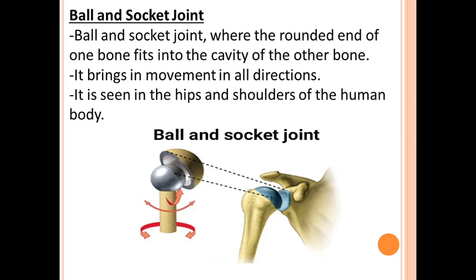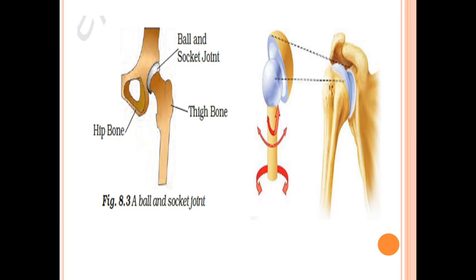Understood? This type of joint allows the maximum movement, and the body part can move in several directions. For example, the joints of the legs at the hip and arms at the shoulder are ball and socket type. You can see that here.